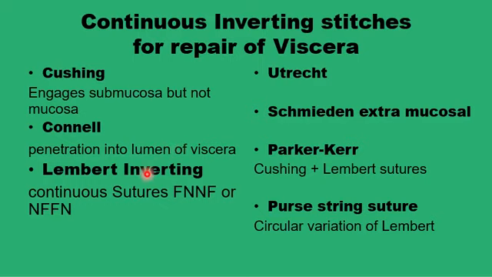Then the Lembert version of inverting continuous suture can be used either in the far near near far or the near far far near types of it. The Utrecht suture, the Schmieden extramucosal suture, the Parker Kerr, which is a combination of a Cushing and Lembert, and the purse string suture. We'll go through them one by one.